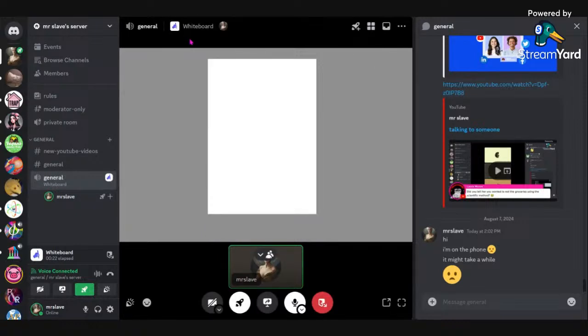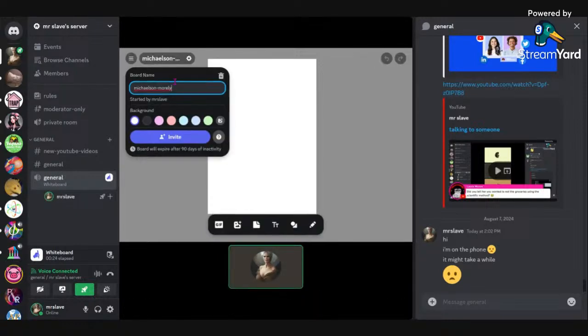This is going to be the vertical Michelson-Morley. We can't have all the letters, so we can just do Michelson. Vertical Michelson-Morley. There you go.